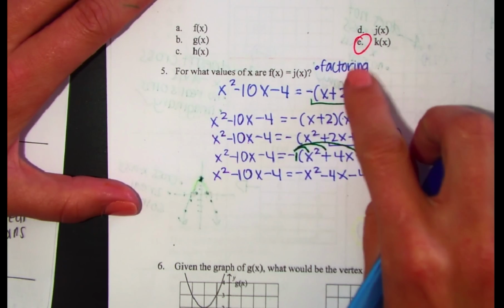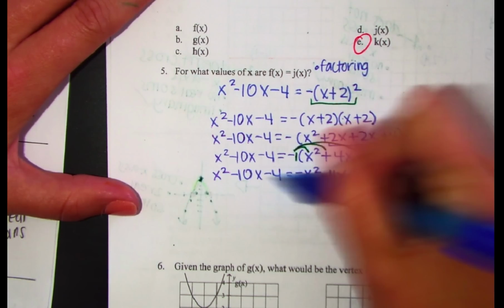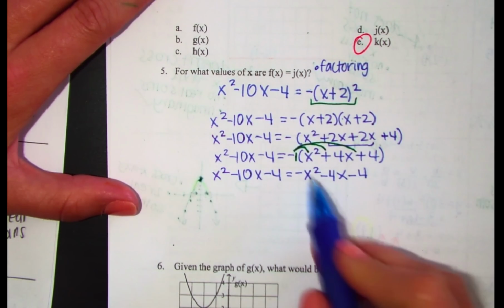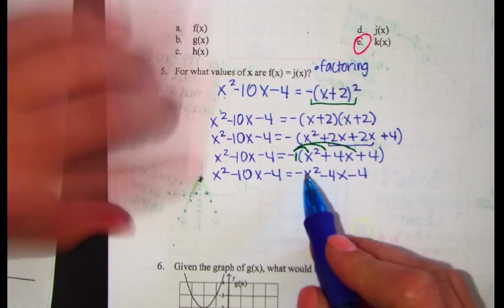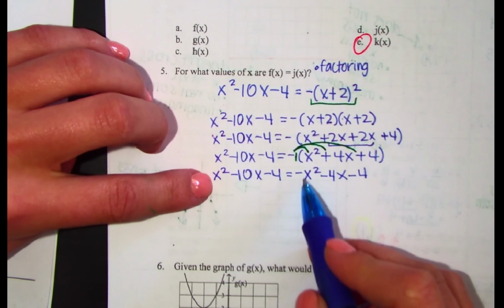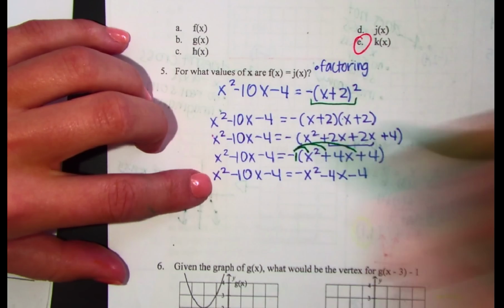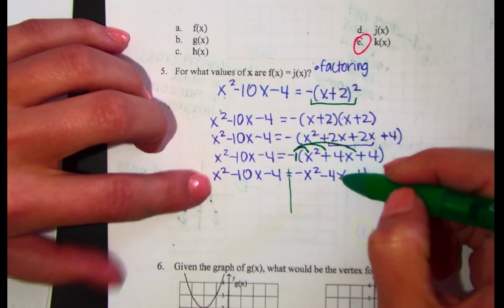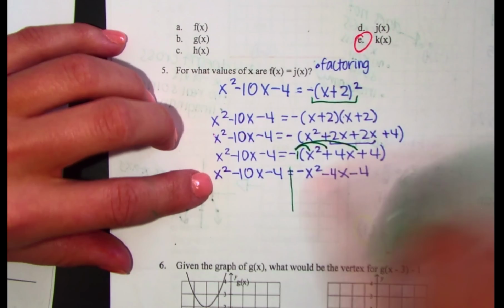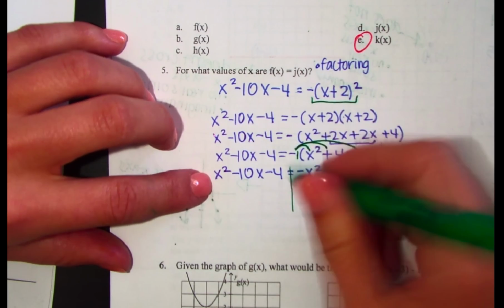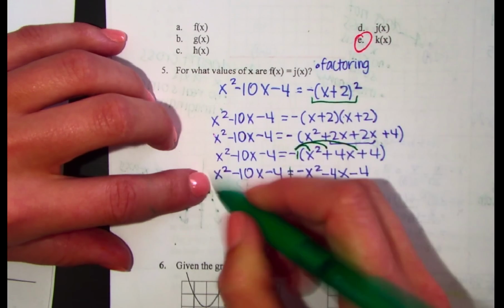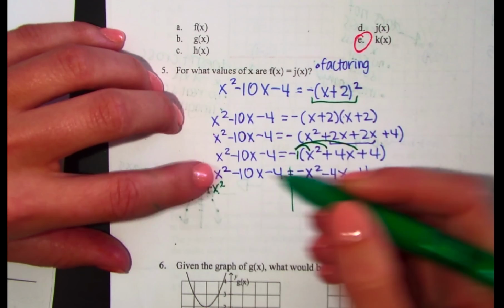Again, I'm trying to factor, so I'm going to move all of the terms to one side of the equal sign. I want to get rid of the negative a term because that makes our factoring a little more difficult. So I'm going to move all of these three terms over to the left side using inverse operations. I'm going to get rid of the negative x squared by adding x squared. Remember, that's going to be added with the x squared term over here.